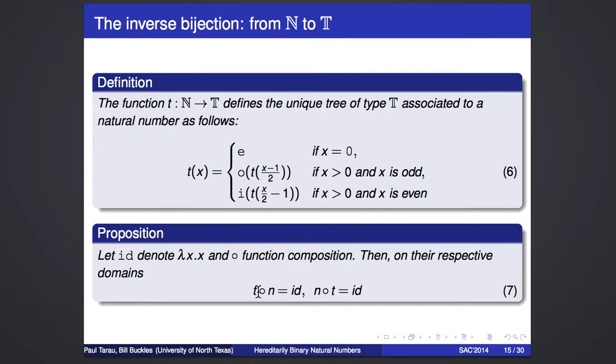So the composition of this and the n operation gives identity in both cases, and this is relatively easy to compute and prove by structural induction, and this actually provides constructively the inverse bijection from n to t.